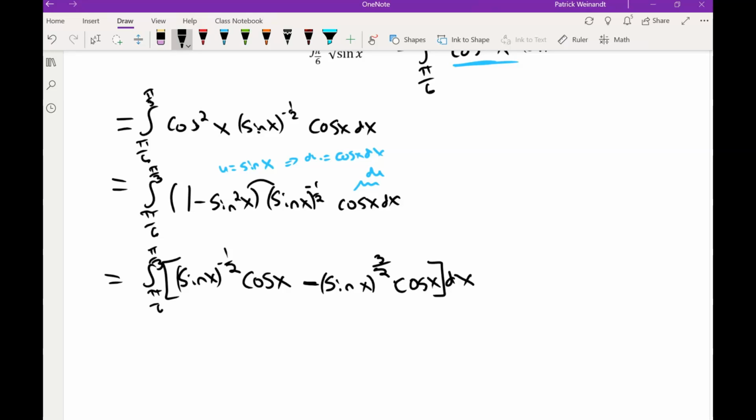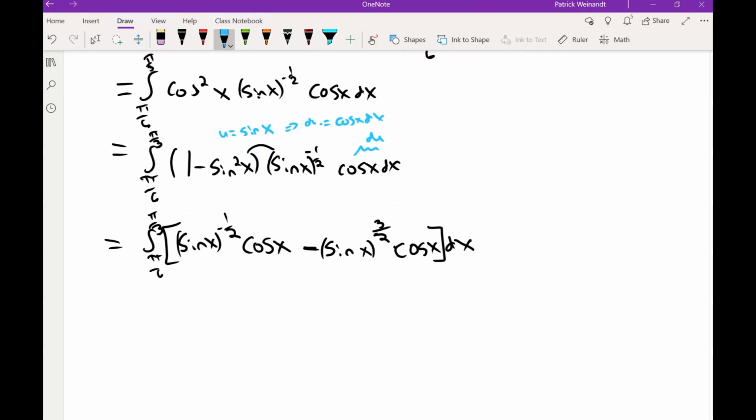So our goal is basically to get everything to be sine of x times cosine of x, because remember our u is going to be sine of x, which implies our du is going to be cosine of x. Okay, so if I want to rewrite this up in this margin here, this is the same as the integral from whatever to whatever.